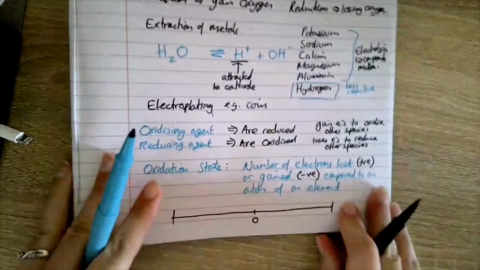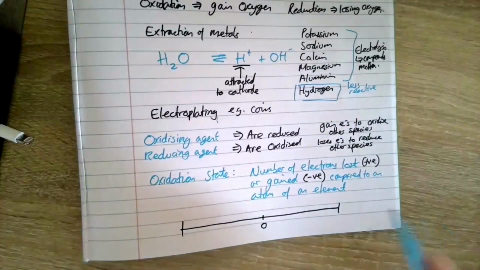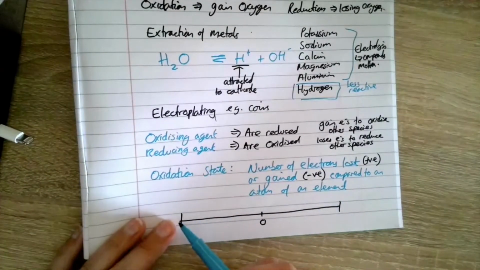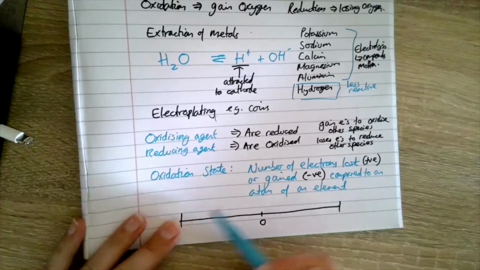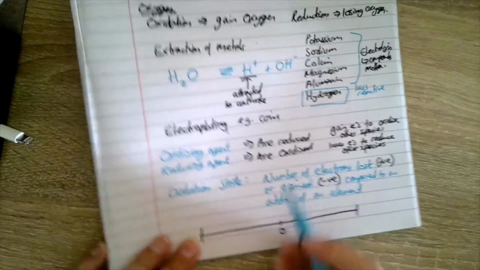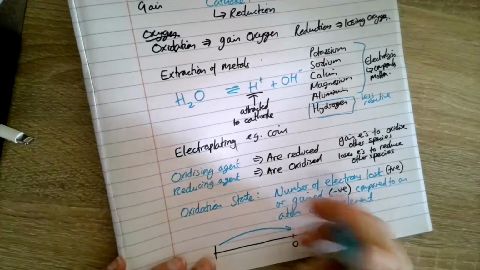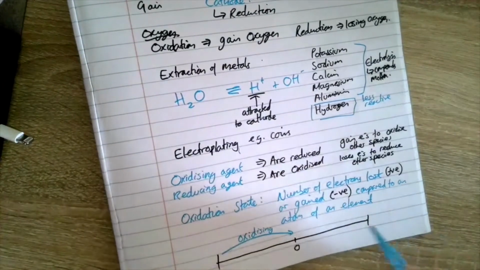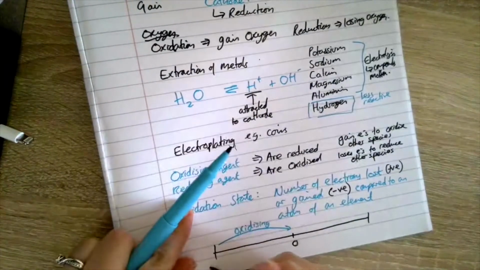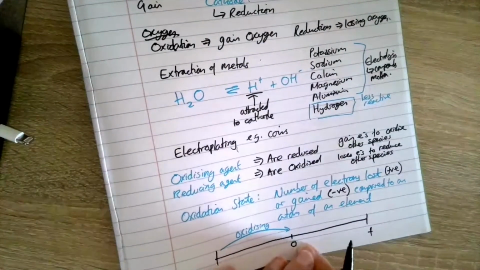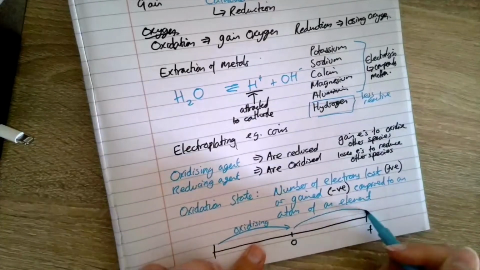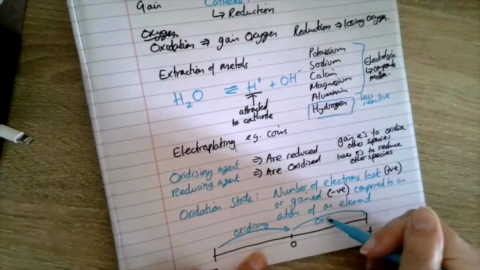And so then we can think about a number scale with 0 in the middle. Going up the scale, you're going from being negative towards being neutral, and so you are oxidizing. And again, if you were going from being neutral to positive, you'd have to be losing electrons, and so again oxidizing.